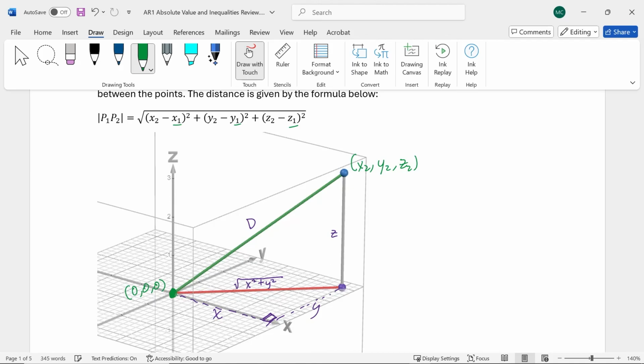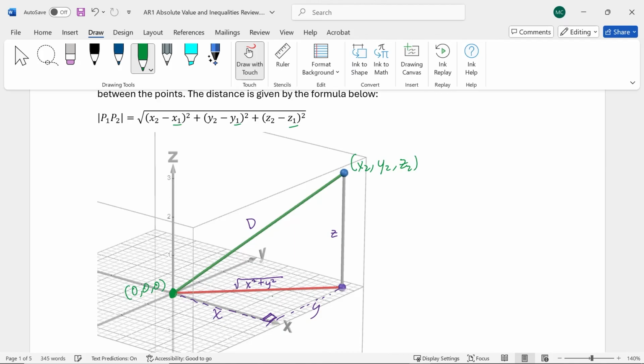It's easy to see that this red line here that stays on the plane where z is 0 has length square root of x squared plus y squared, because when you draw out your distance on the x-axis and your distance on the y-axis, you get x and y. X squared plus y squared is that distance squared. So pretty straightforward.